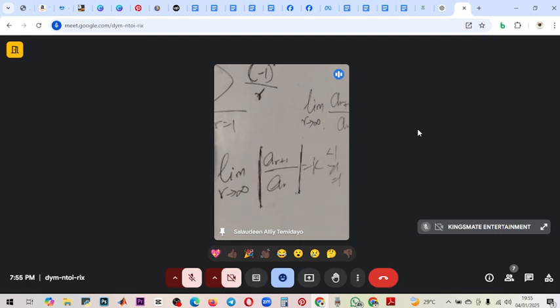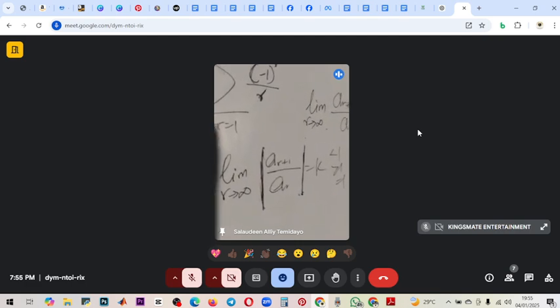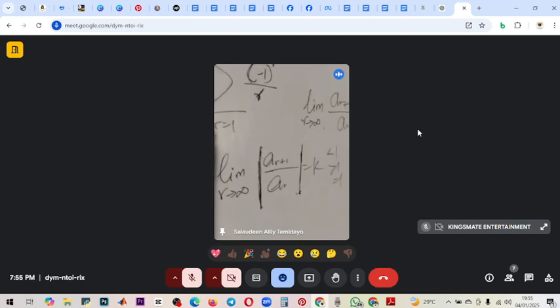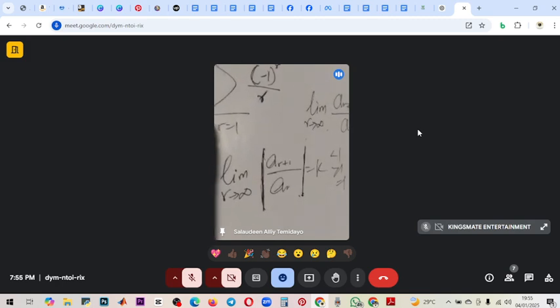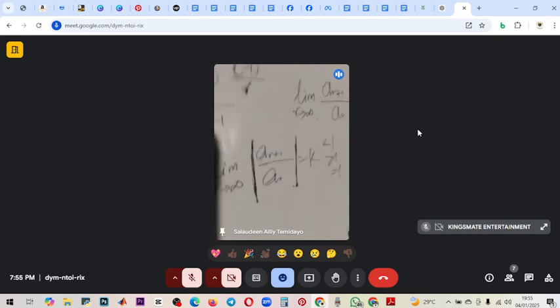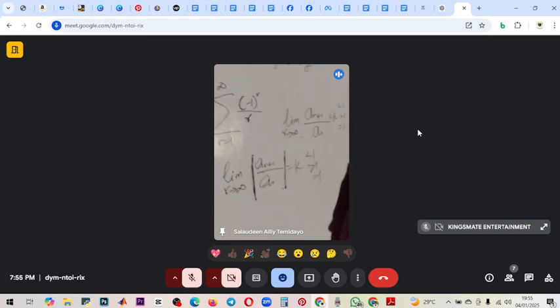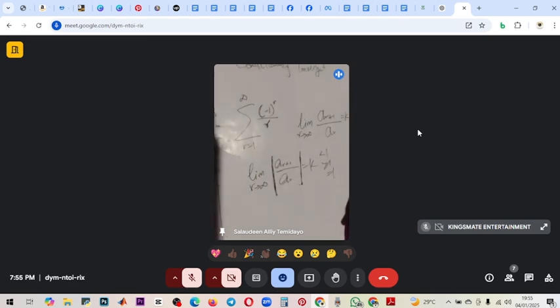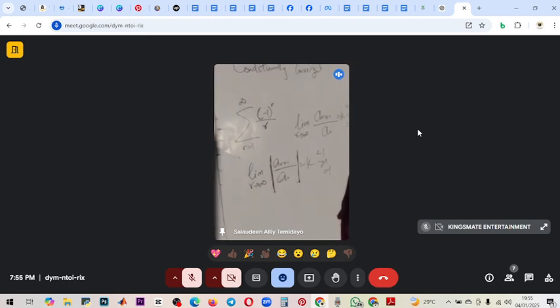If the ordinary series is divergent and the absolute form is also divergent, then we say it is absolutely divergent. But if the ordinary series is divergent and the absolute form is not divergent, then we say it is conditionally divergent. That is it about convergence of series, absolute convergence, alternating series, and all that.